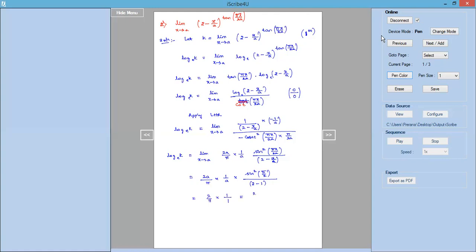So we obtain log k to the base e is 2 by pi. Taking anti-log on both sides, this is e power 2 by pi, which is the required evaluation of the given limit. That is, limit as x tends to a, 2 minus x by a whole power tan of x by a.